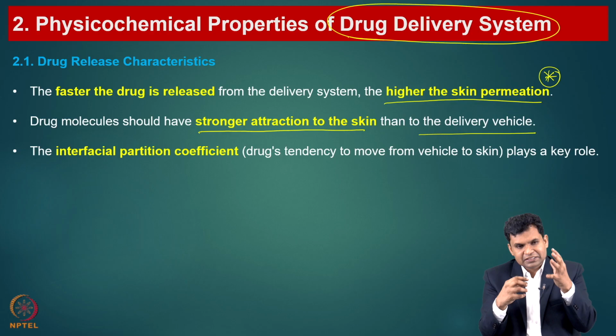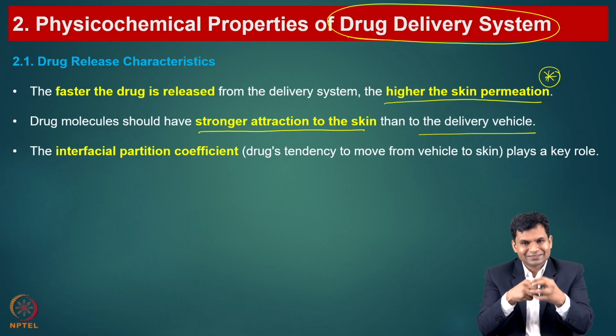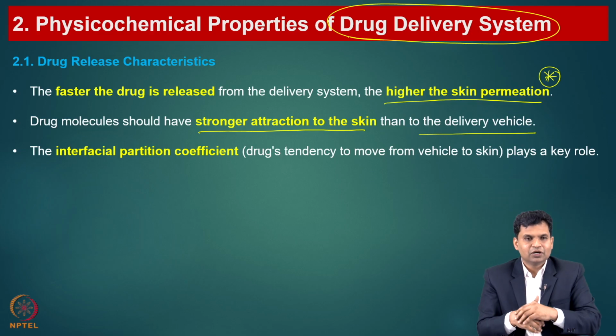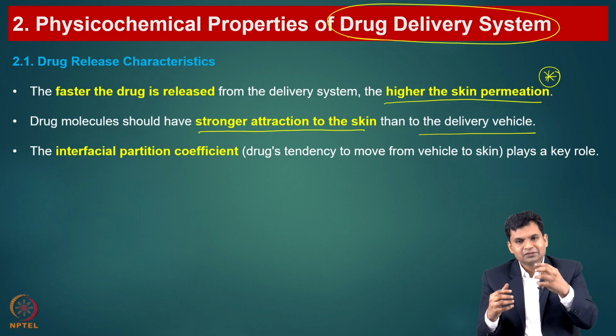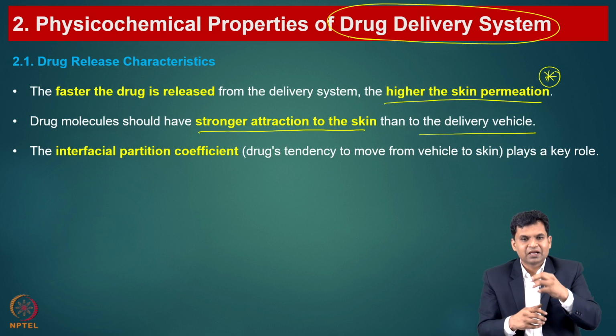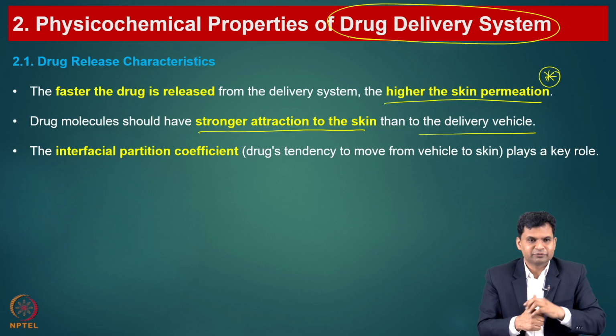So, those excipients, those inactive pharmaceutical ingredients, should not attract the drug molecules. If they have high affinity, it will not help fulfil the purpose of the drug delivery systems. So, the drug needs to pass away from the carrier, and then slowly it should be released at the site of administration.